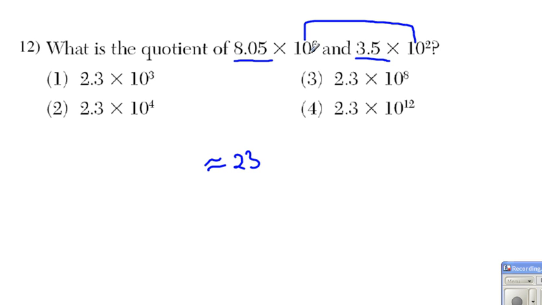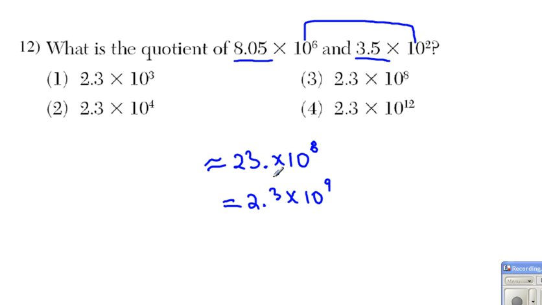Then when I multiply 10 to the 6 times 10 squared, it becomes simply 10 to the 8th power. But in order for it to be scientific notation, we need to move the decimal from here to here, so we end up getting 2.3 times 10 to the 9th power because we increased by 1.